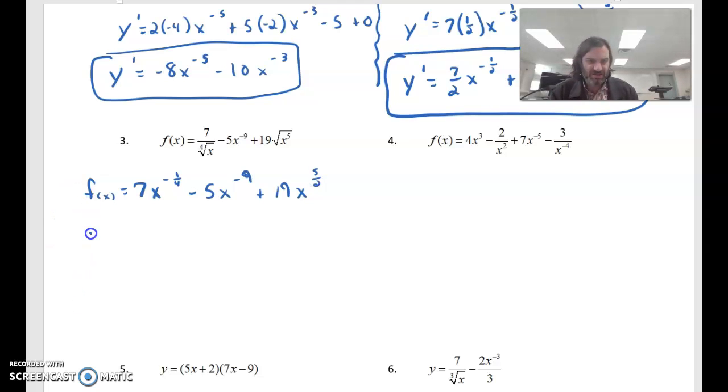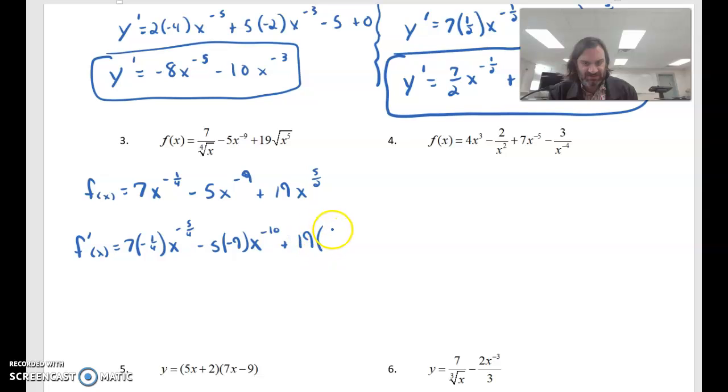Okay. So the derivative will look like 7 times negative 1/4, and that'll be x to the negative 5/4 minus 5 times negative 9 x to the negative 10 plus 19 times 5 halves x to the 3 halves.